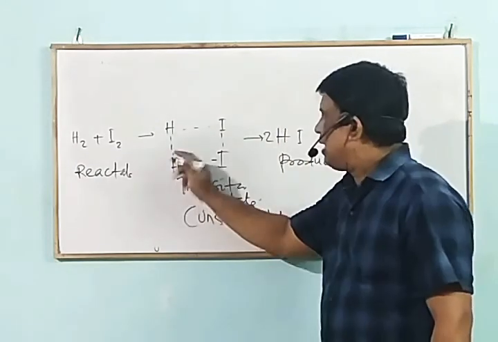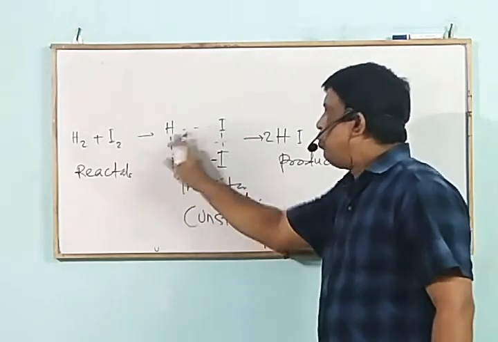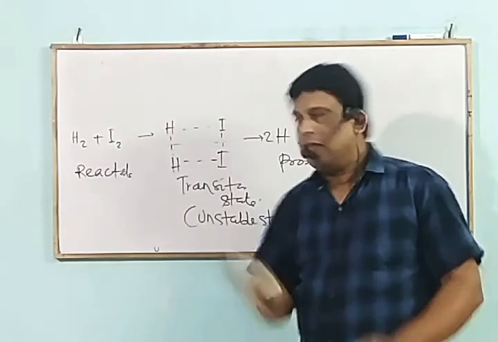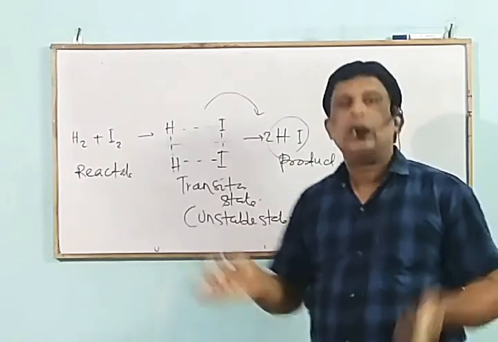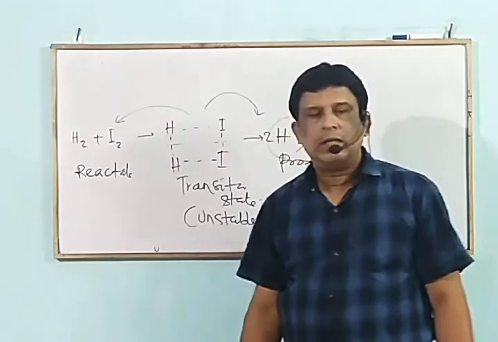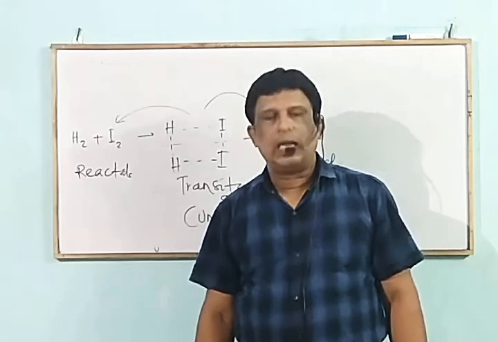The old bond between H and I breaks down, and a new bond between H and I forms. Then it jumps over the energy barrier to bring about the product, otherwise it decomposes back to form the reactant. This is a little idea about activated complex or transition state.